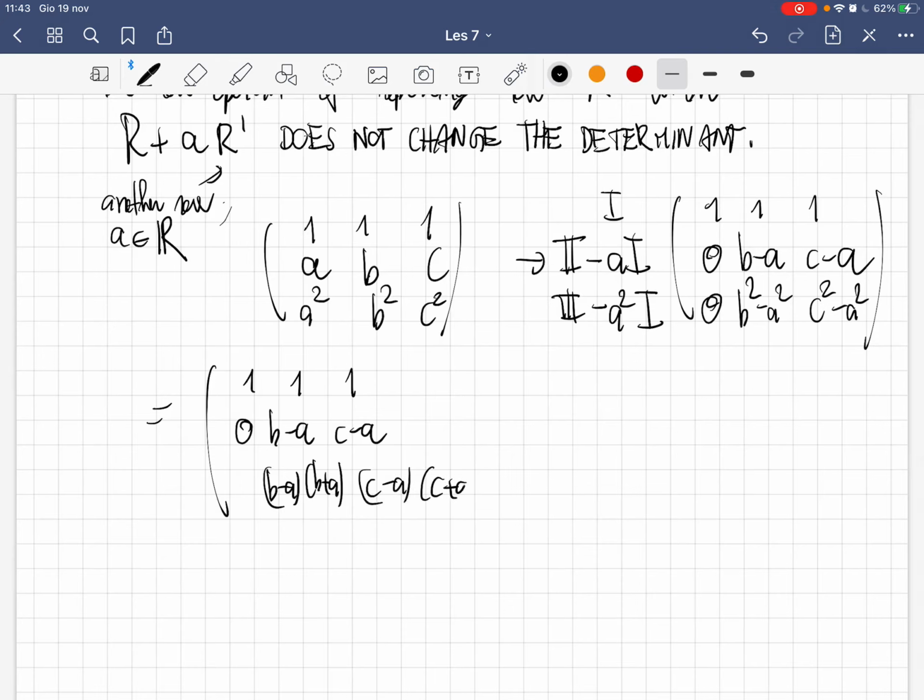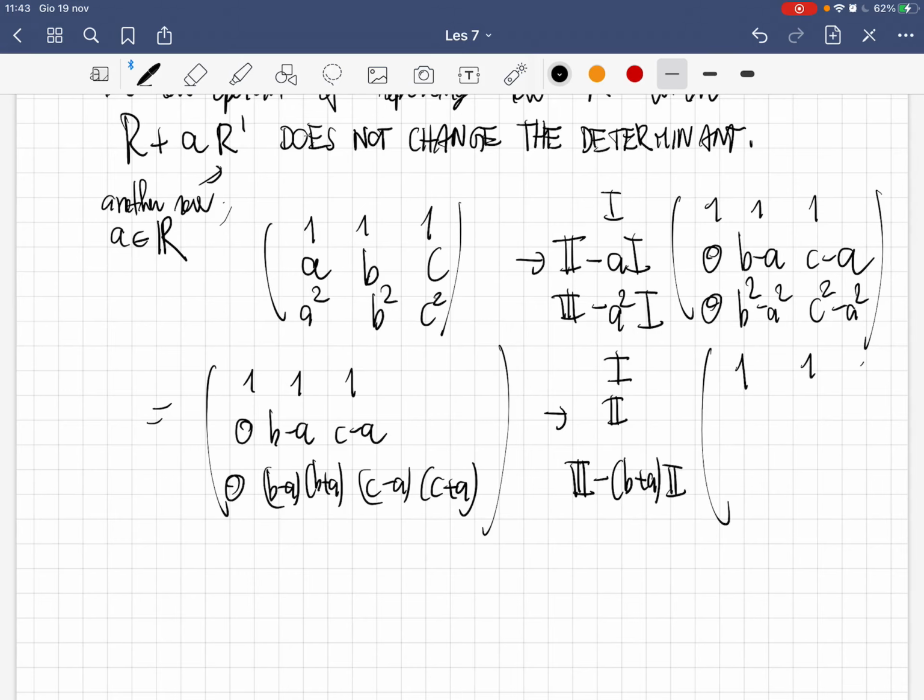Now it seems sensible to take this and this to be equal, and then replace the third by this minus B plus A times the second.